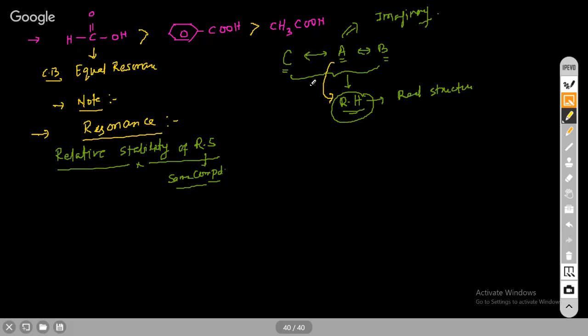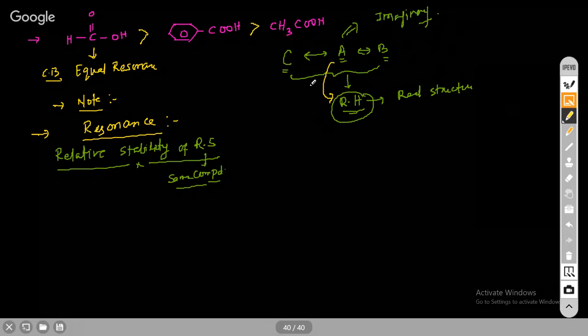The resonating structure which contributes maximum into the properties of the resonance hybrid is the major contributor, or the resonating structure which contributes minimum is the minor contributor. So the one which is the major contributor is most stable also, right?